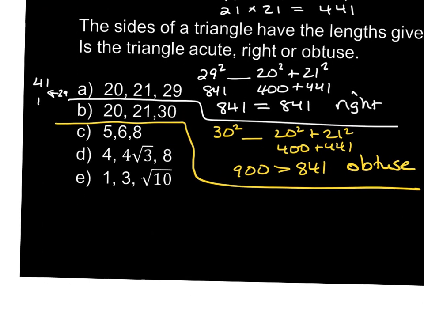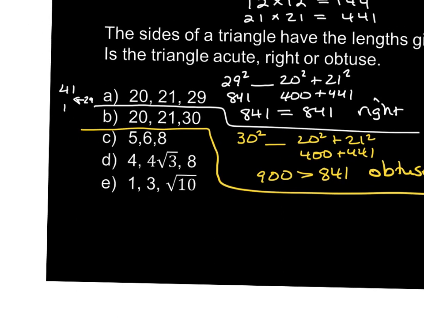Try part C. Again, add and subtract the two smaller numbers. 6 minus 5 is 1. 6 plus 5 is 11. 8 is in between here, so that's good. It does form a triangle. So now let's plug it in. 8 squared.